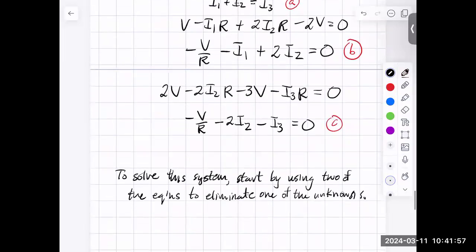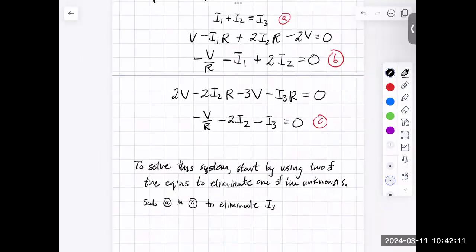Okay, what I'm going to do is substitute A into C to eliminate I3. So if I start with equation C, we have minus V over R minus 2I2.